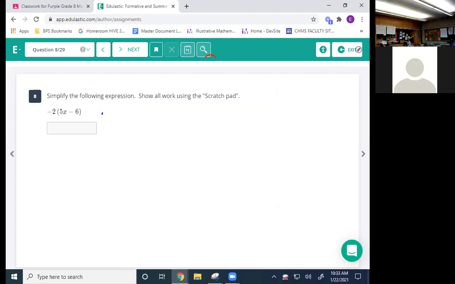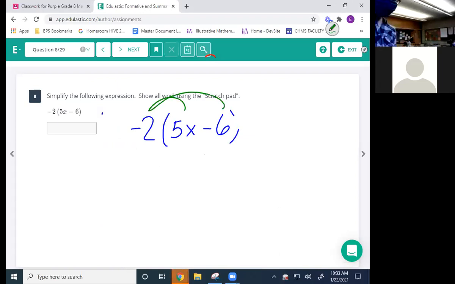Good. Now we're simplifying equations. So I have this one here. This section is where you're going to start to do some things on paper. I have 2 parentheses 5x, negative 2 parentheses 5x minus 6. What do I have to do here to simplify? Go ahead. Multiply everything inside the parentheses by negative 2.